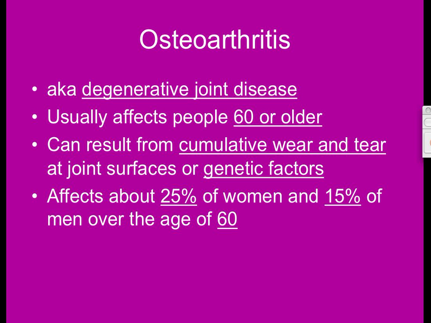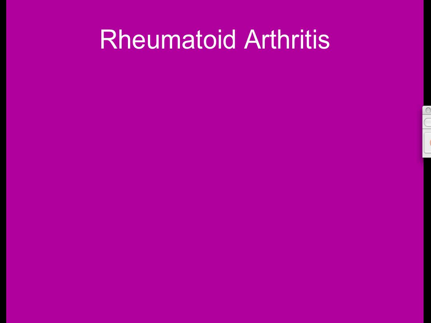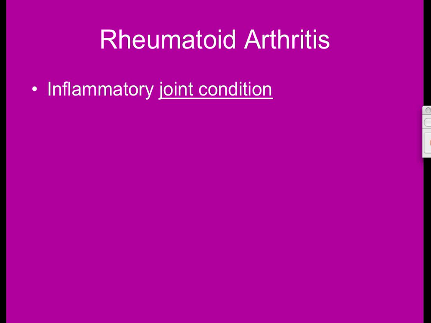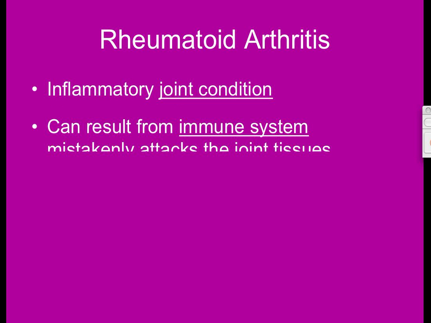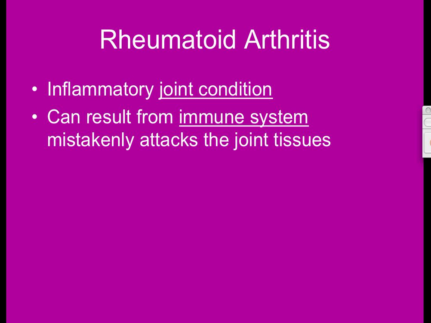The last type of rheumatism that we're going to look at is rheumatoid arthritis. And this is an inflammatory joint condition that's actually caused by the immune system. What happens with this is that the immune system goes haywire and attacks the tissues of our joints.